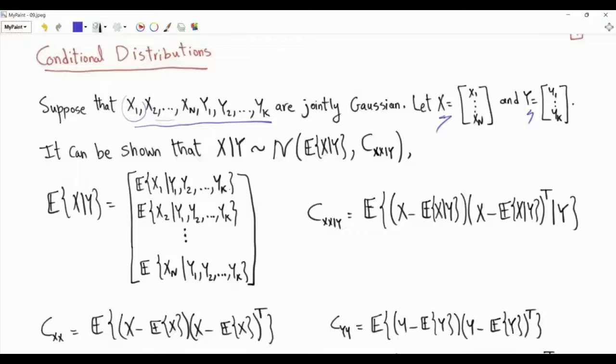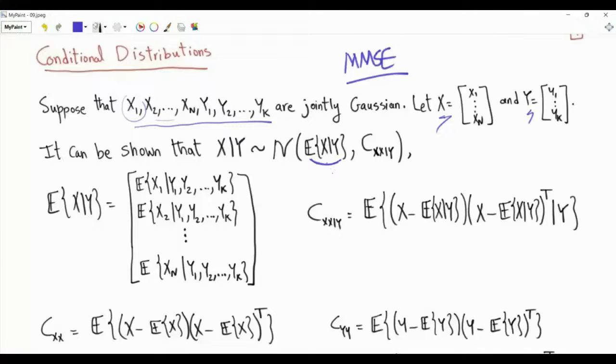Now, for example, if the y's are observations and we want to estimate the x's, then the expectation of x given y, this vector, is the so-called minimum mean squared error estimate.